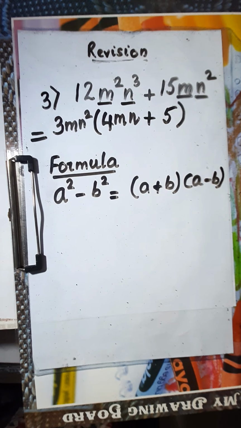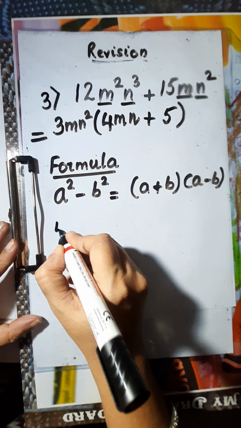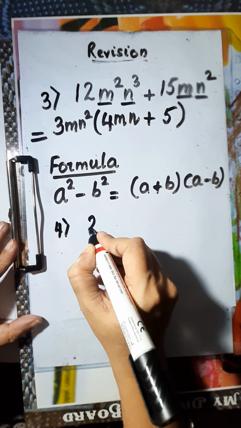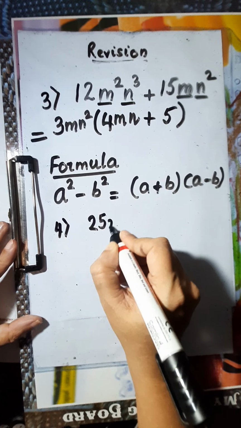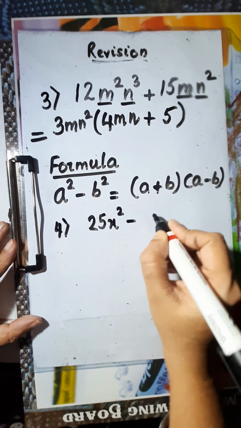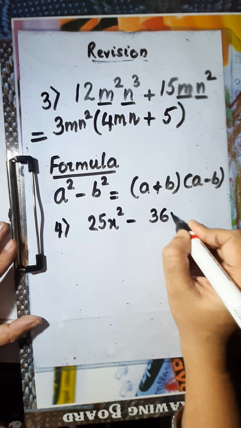Now let's give you a sum of this type: 25x square minus 36y square.